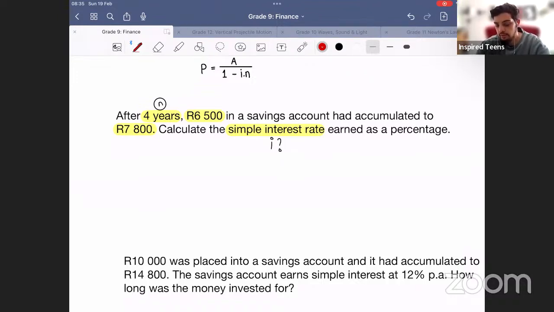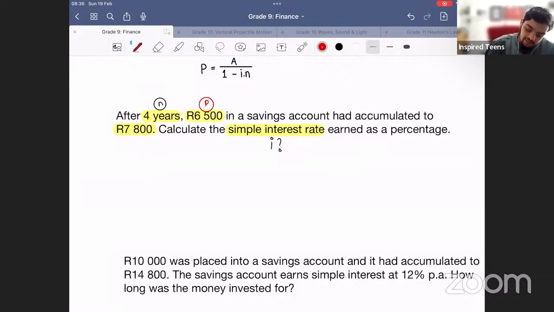Okay, good. P. Indeed, this is P. This is prior to interest. Prior to interest being earned, this amount was 6,500. At the onset of the opening of this account, that is what they invested. They took 6,500 and said, okay, I'm putting it into a bank account and I'm going to invest it, and in 4 years I want this to grow. So that is the amount prior to interest.